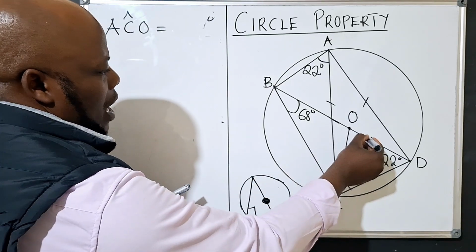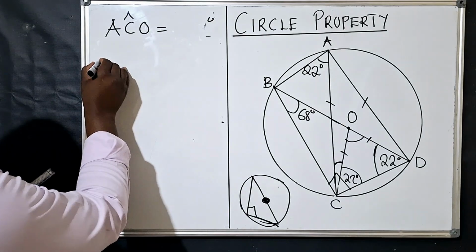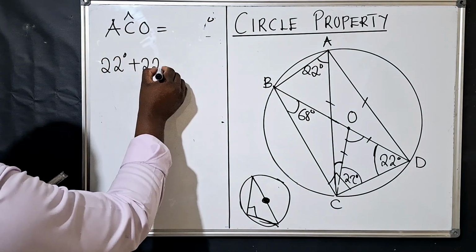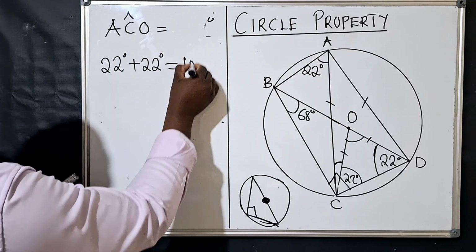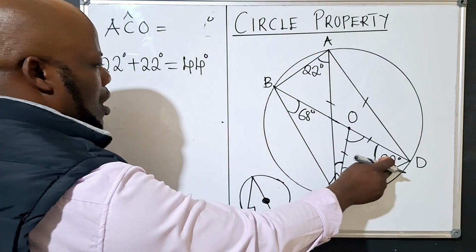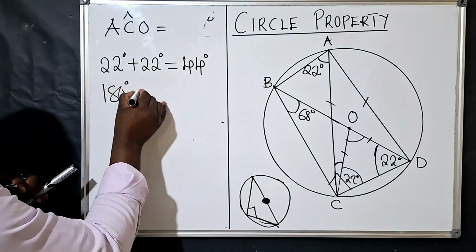And then we find an angle here. So to find an angle here, we're going to say 22 degrees plus 22 degrees. This will give us 44 degrees. So this plus this is 44. To find this angle, we're going to subtract from 180 degrees.